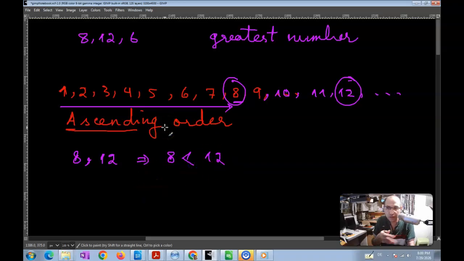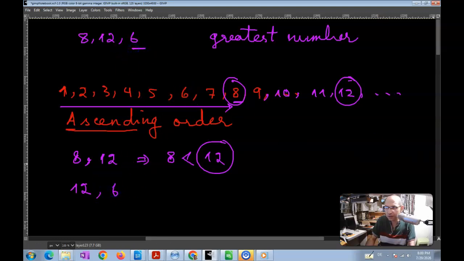Although none of this is any sort of mathematical proof, at this stage it's okay to argue this way. And then I'm looking for the greatest number, so I pick the 12, which is the greater number, and I will compare it with 6 over here.